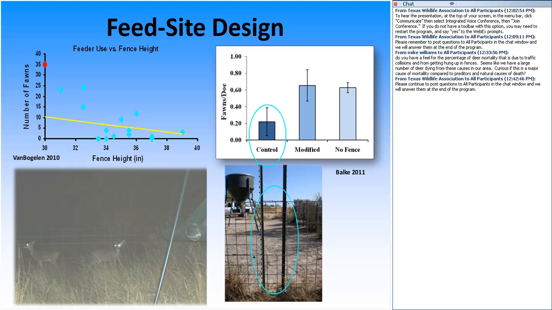When she put in this modification in the feed pen, all of a sudden the number of pictures of fawns per doe jumped up, about 70 pictures of fawns for every 100 pictures of a doe. And that data was similar to a feed pen that did not have a fence around it. So some evidence that, yeah, these fences may be one of the reasons these fawns aren't getting access to that supplemental feed. And if there was one class of animal that you might really want to make use of that supplemental feed, it's that fawn.